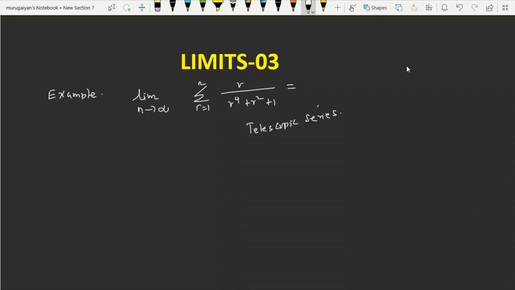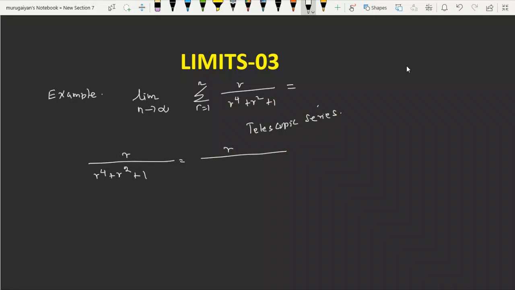Now what to do? Let us take r divided by r power 4 plus r square plus 1, with the factor form. What is the factor form of r power 4 plus r square plus 1?